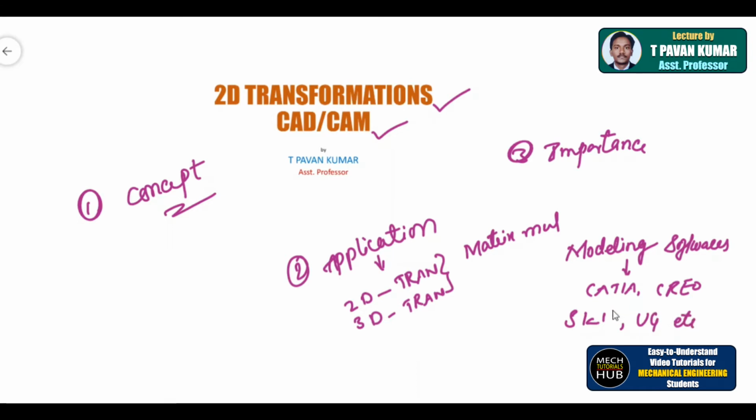Whatever the modeling software you consider, there you find the transformations concept, which is already fed to the software, already fed to the system. Accordingly, the system or the commands will react to whatever the instructions given by the designer or the draftsperson.